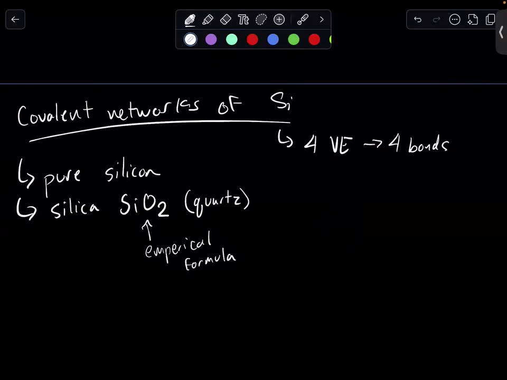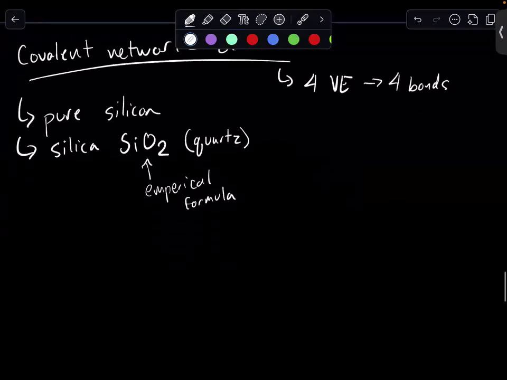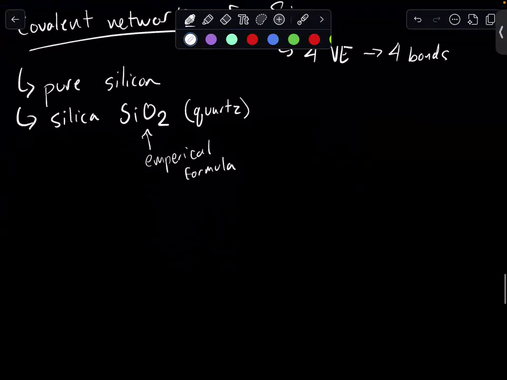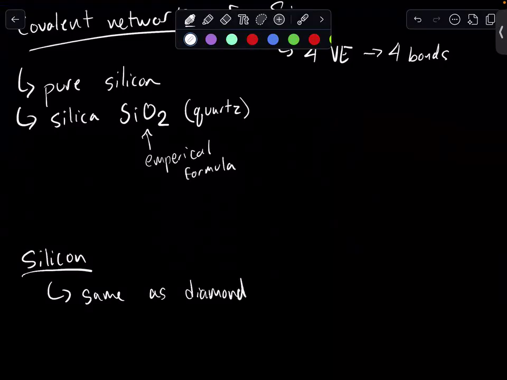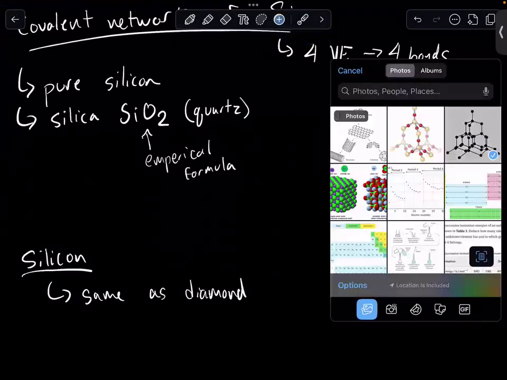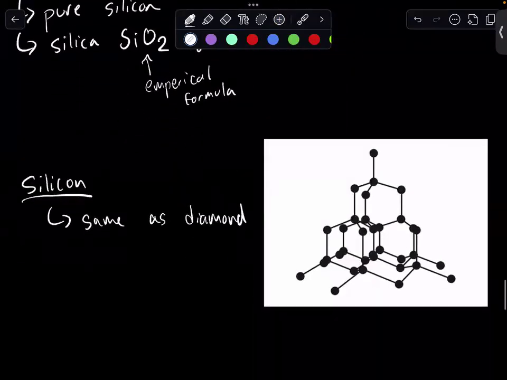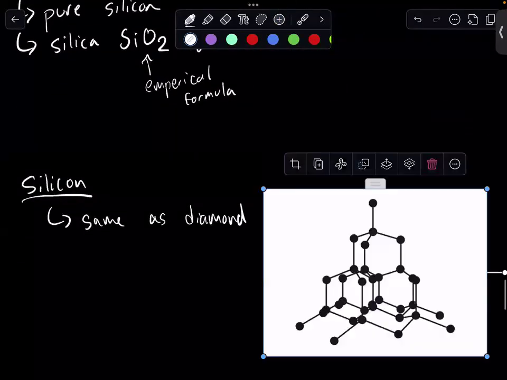So if you find quartz on the ground, you're looking at SiO2, silica, or silicon dioxide. And let's take a look at pure silicon. So silicon bonds the same as diamond. So when we look at a structure of silicon, what we're actually looking at is, turns out, the exact same structure, but with silicon atoms.